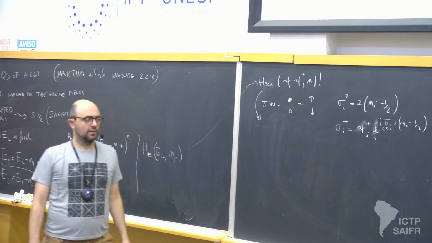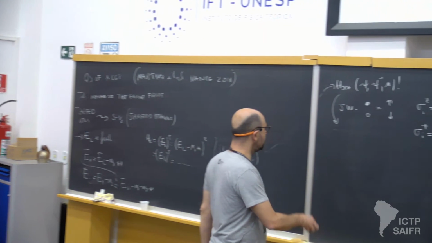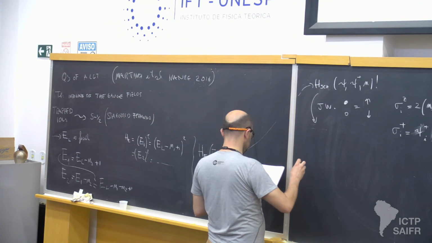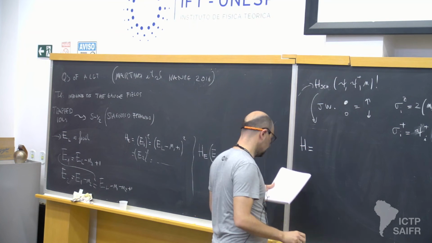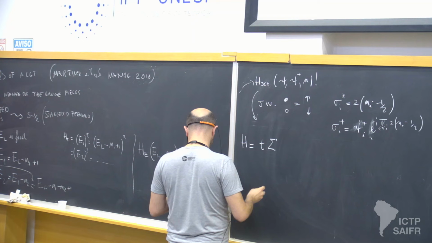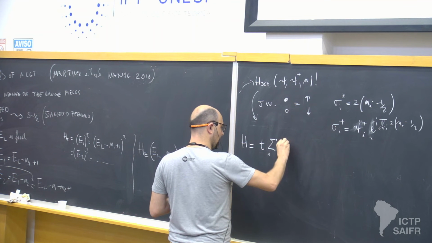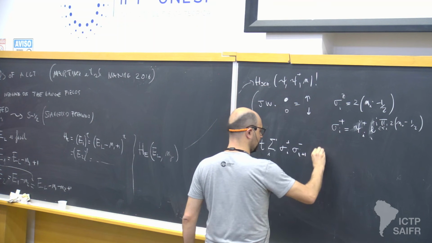Okay? So with the integration of the gauge field and this Jordan-Wigner transformation, the Schwinger model turns into something like this. Okay? So H is equal to T sum over i, sigma plus i sigma minus i plus 1, plus Hermitian conjugate.